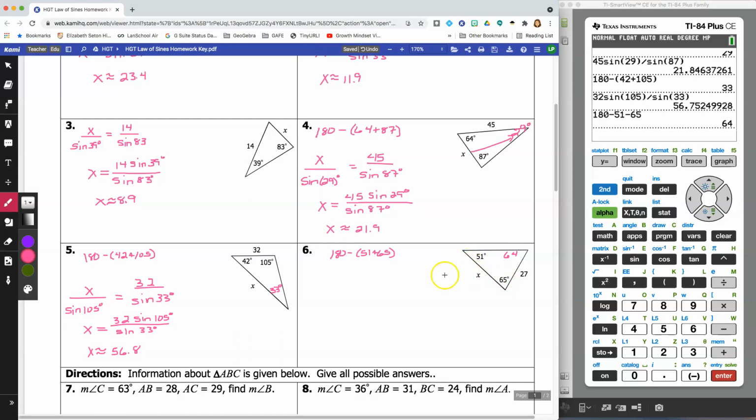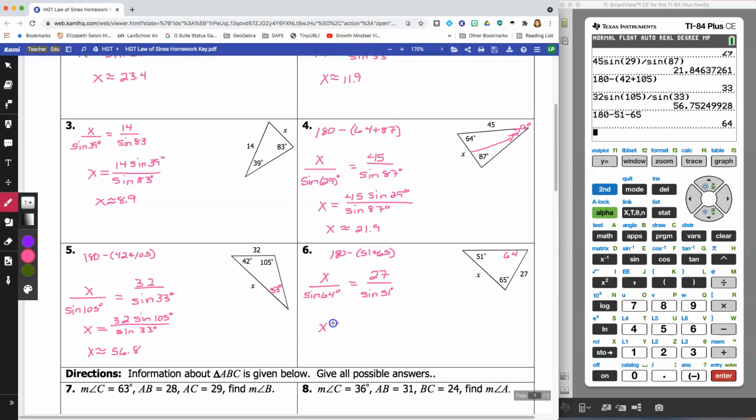Okay, so I can write my equation now. x divided by the sine of 64 degrees is equal to 27 divided by the sine of 51 degrees.